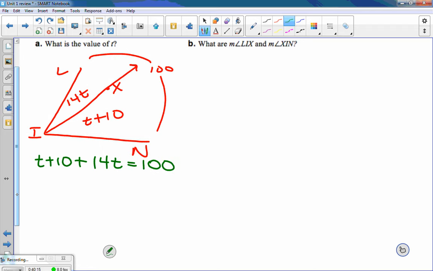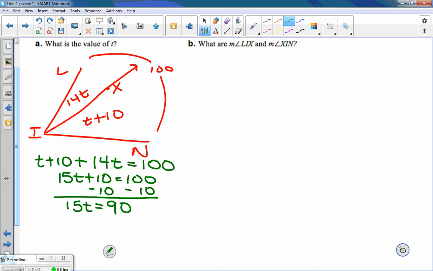Again, you're adding the two smaller ones to get the bigger. So this becomes 15t plus 10 is equal to 100. Subtract 10. 15t is equal to 90. Divide by 15. T is equal to 6.